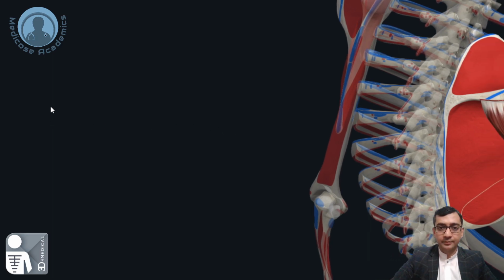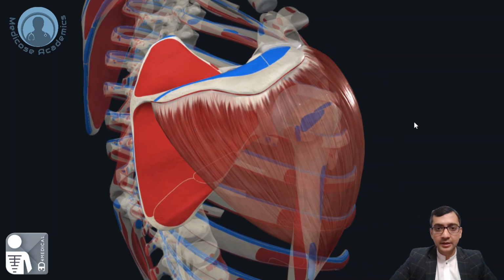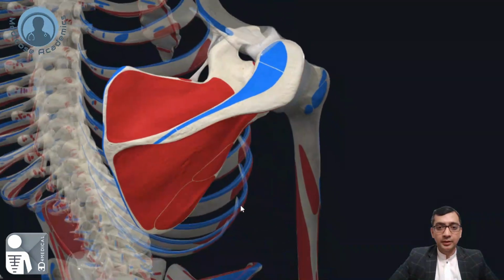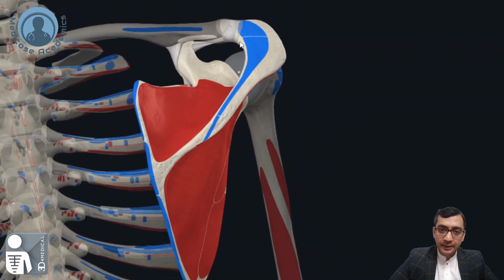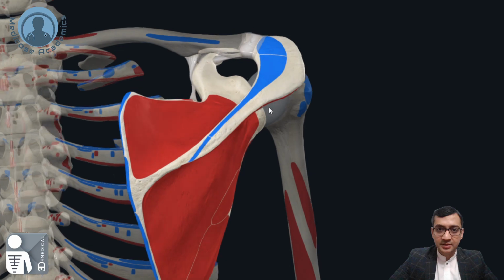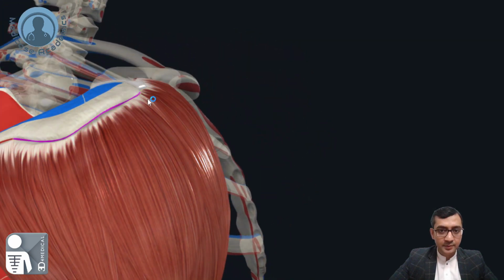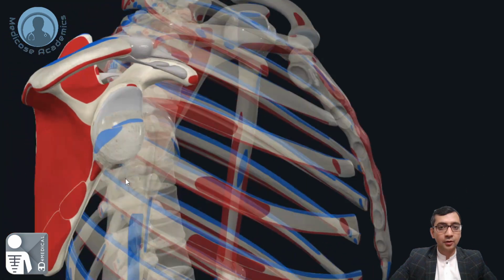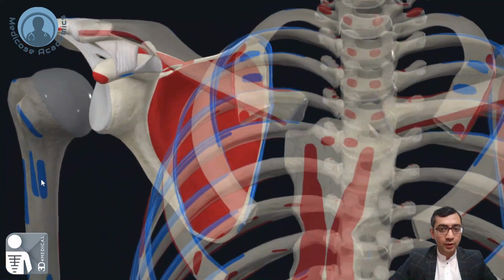Now coming to the acromion, we have already covered the medial border and superior surface, trapezius, and the lateral border, deltoid. So acromion is covered. Now the glenoid, now the coracoid process.